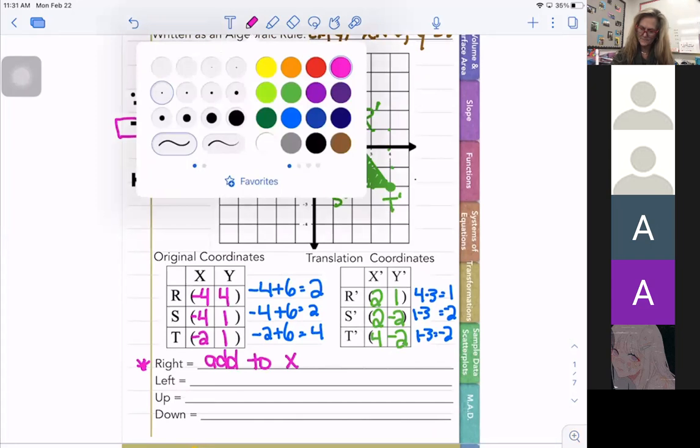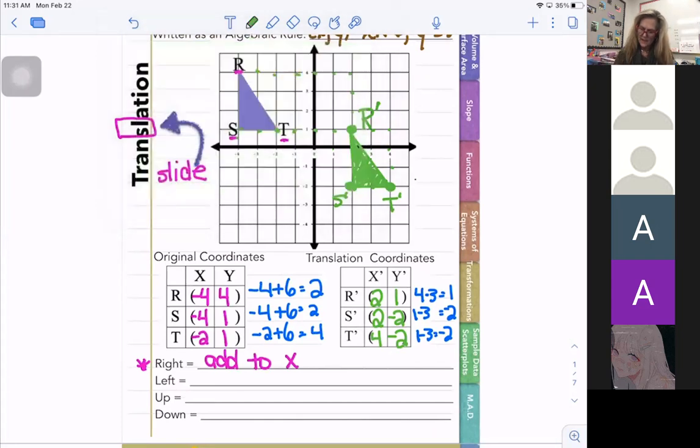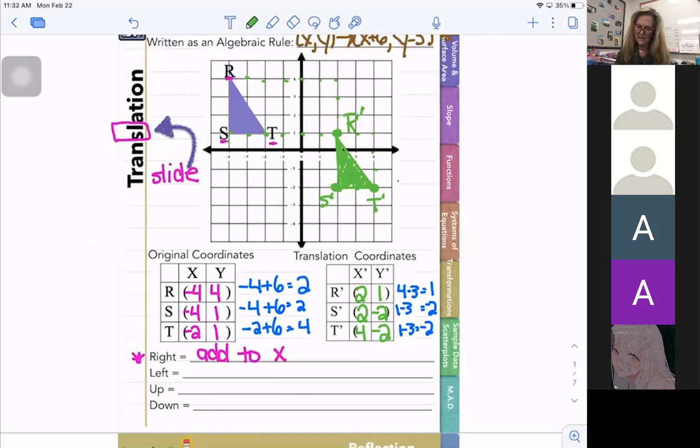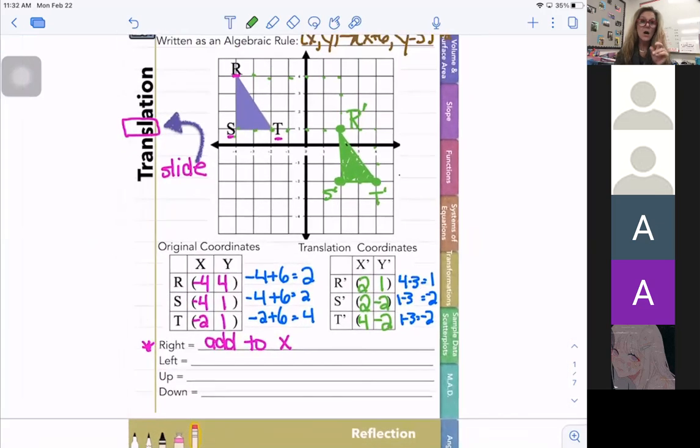And then I moved down, right? What did I do to my y? If I'm moving down, I'm subtracting from y. That's right. Very good.